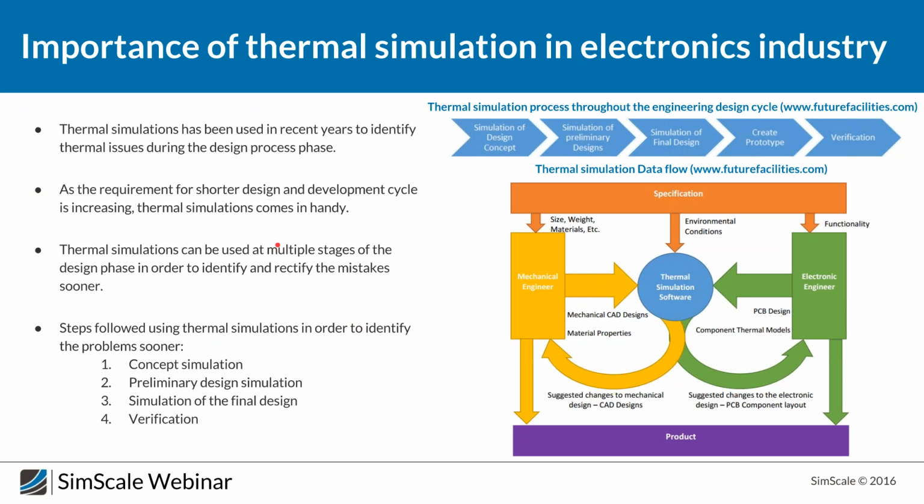So in the electronics industry, thermal simulation has been introduced in recent years to really identify thermal issues during the design process phase. The critical phase in the electronics industry is the design phase, where the company decides, okay, you have a product, for example a PCB, a printed circuit board, on which the different components are mounted.